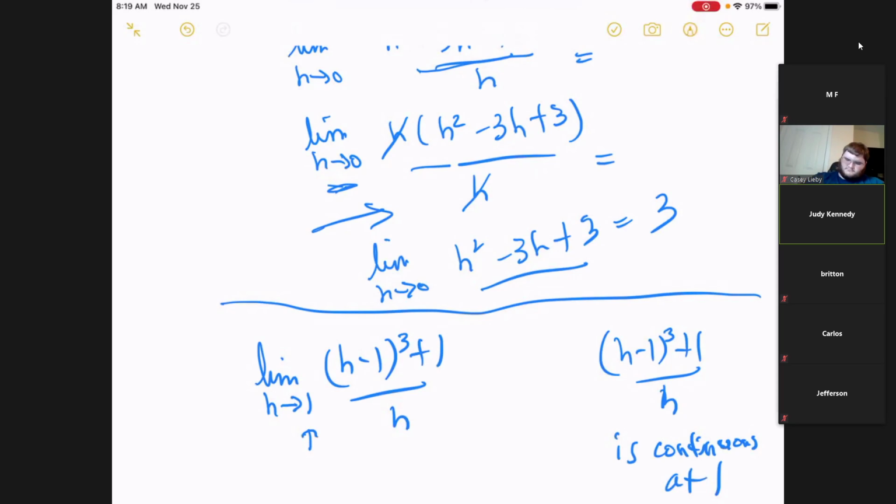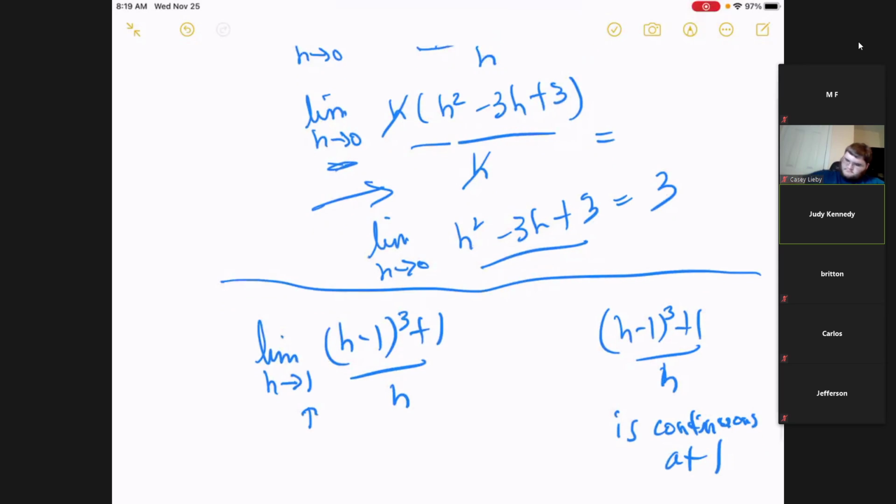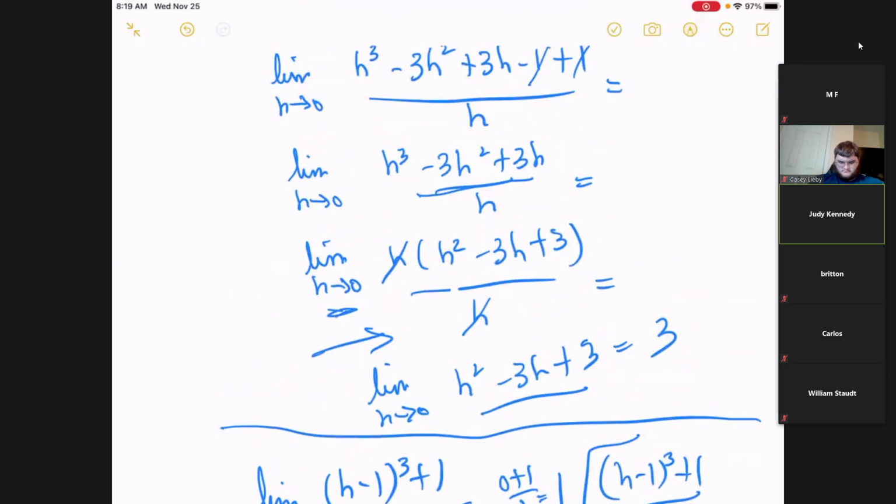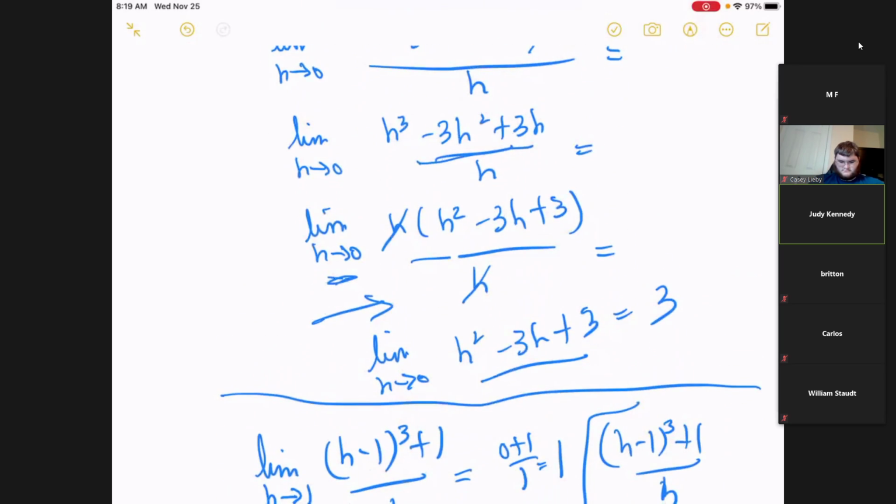It's not continuous at 0. It is continuous at 1. And you can just then use direct substitution. When you've got continuity, you can use direct substitution. That is, just plug in 1. So this would be 0 plus 1 over 1, which is 1. So pay attention to what number that is. Okay, any questions?